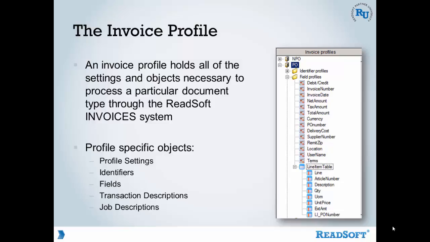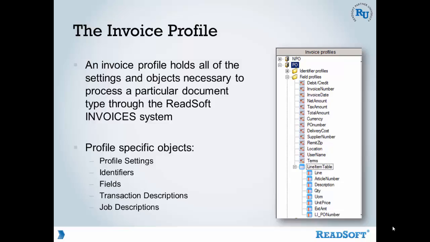The invoice profile holds all settings specific to a document type, such as invoice number, invoice date, PO number, and the amount fields. A typical ReadSoft INVOICES environment consists of 2 profiles, one for purchase orders and one for general expenses. ReadSoft INVOICES utilizes title-based search to identify and extract data of all fields to be captured.